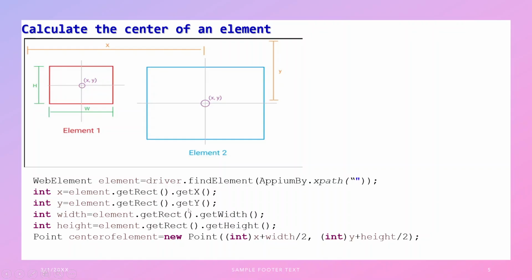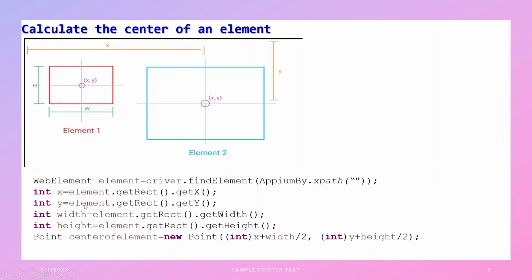So to understand the code, what I did, I have given driver dot find element, and I have given it to the web element. There's a web element here, and we have a method called get rect. Element dot get rect dot get x means I am getting the x value.